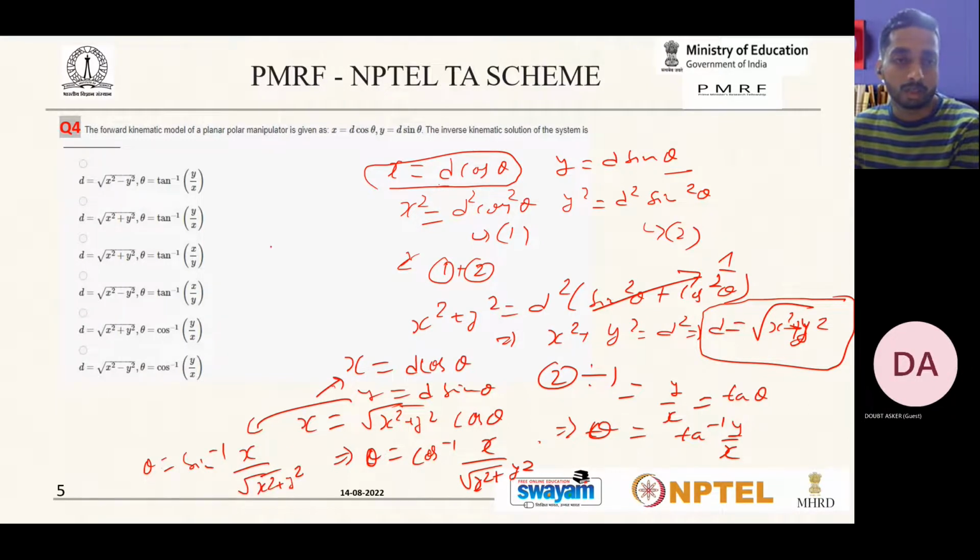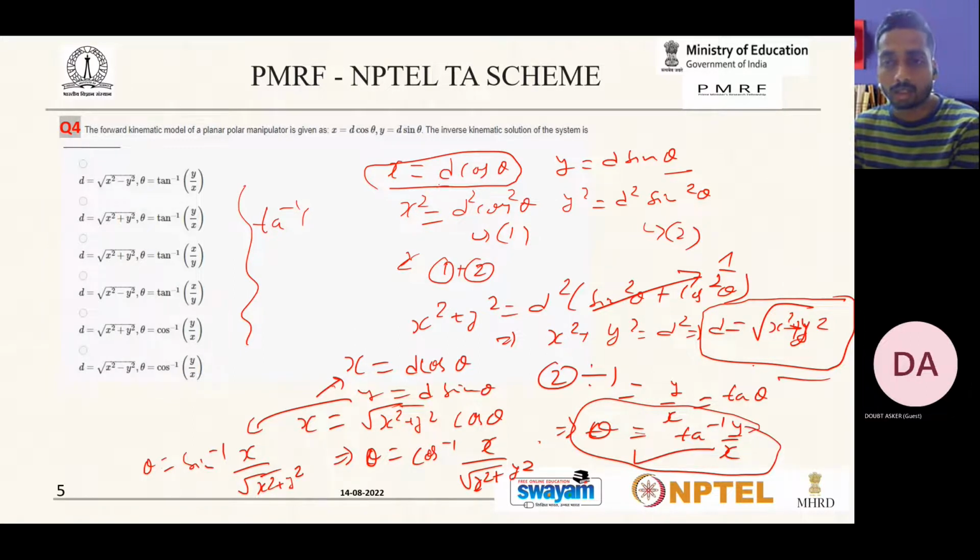Now the options which are available here are in terms of tan inverse. So we have to choose this one, right? So d is root x square plus y square and tan inverse y by x. This is the correct answer for this question, question number 4.